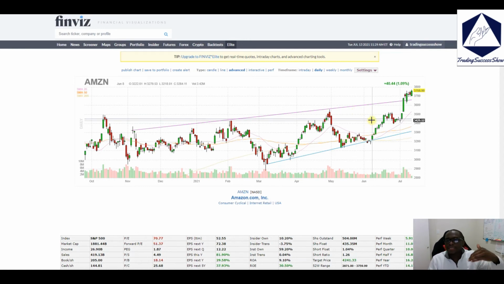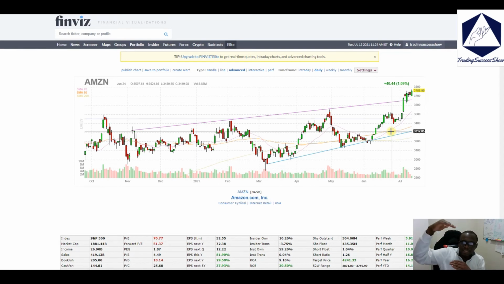If you are extended way above the 8 EMA or the 4 EMA on the daily chart, you want to take profit as we get extended from that exponential moving average. And then when we pull back to the 20 EMA, you want to start looking at whether I should add more or take some off the table, right? So keep an eye on this consolidation phase.